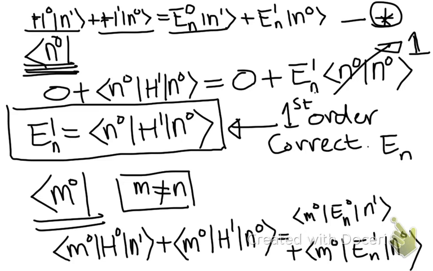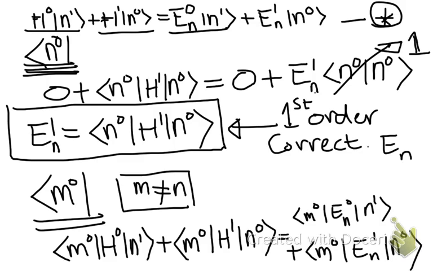The reason I'm doing this is that what I want to find now is my correction to the eigenstates of my system. So what I'll get now is the first order correction to the eigenstates of my system.